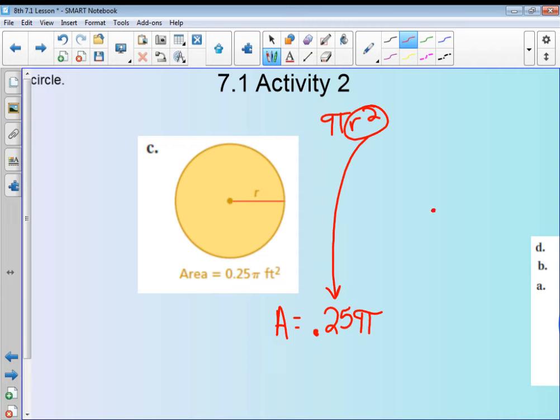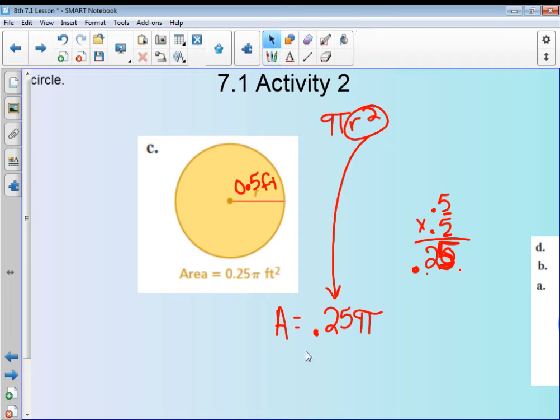If I do 0.5 times 0.5, 5 times 5 is 25, and then I have 2 numbers behind a decimal. So 1, 2, my decimal would go right there. So my answer for this one is going to be 0.5 feet.